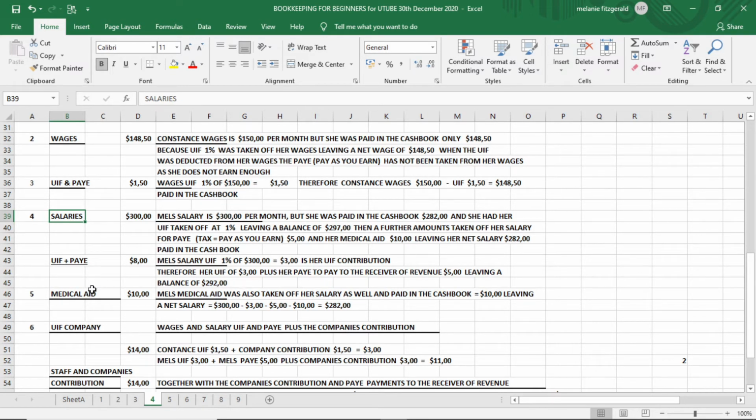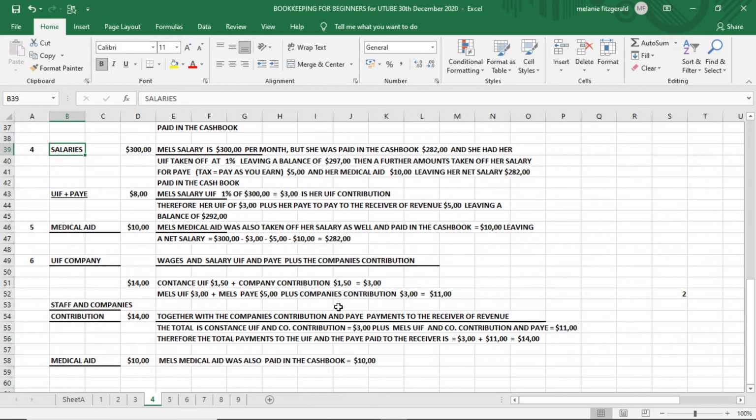Now, Mel's medical aid, $10. Mel's medical aid was also taken off her salary and paid in the cash book. Remember the $10 for the medical aid. This leaves a net salary of $300 minus the $3 minus the $5 minus the $10. So it's $282. So that's how we got to Mel's salary. I hope I'm making this clear to you.